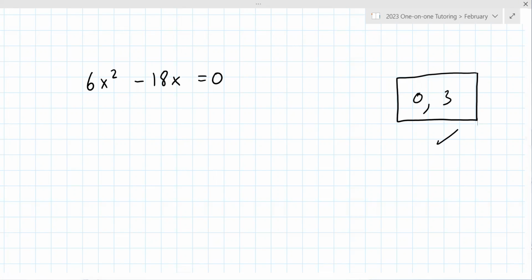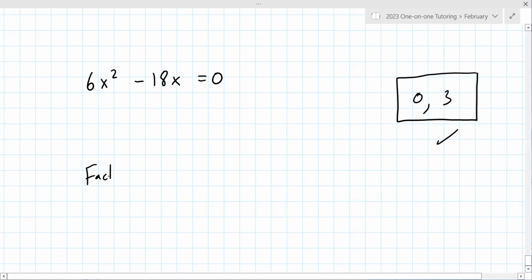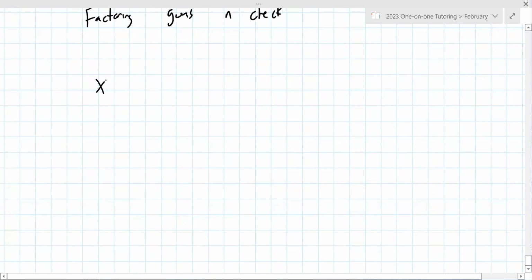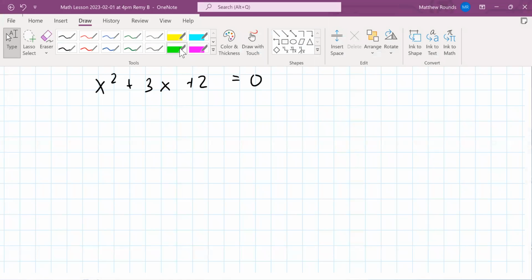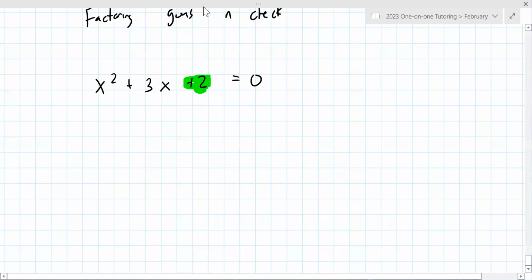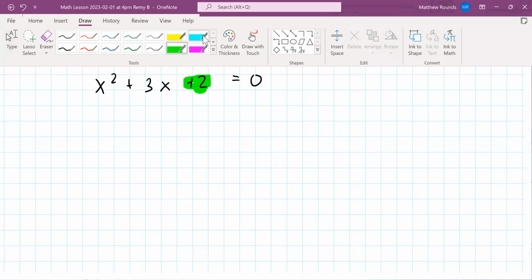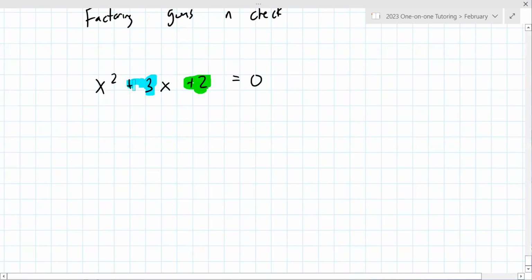Very good. So the last style of problem on your sheet there is factoring guess and check. With the limited time we have, we will go through a few of these. Let's say it's x squared plus 3x plus 2. The first thing is you look at this last number, and you're also focusing on this middle number.